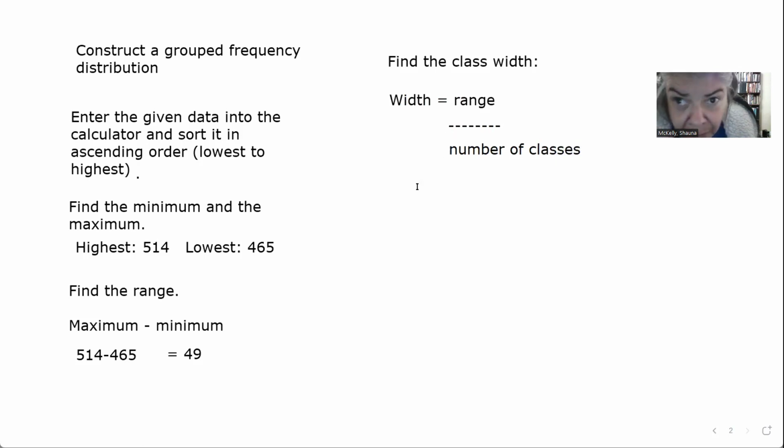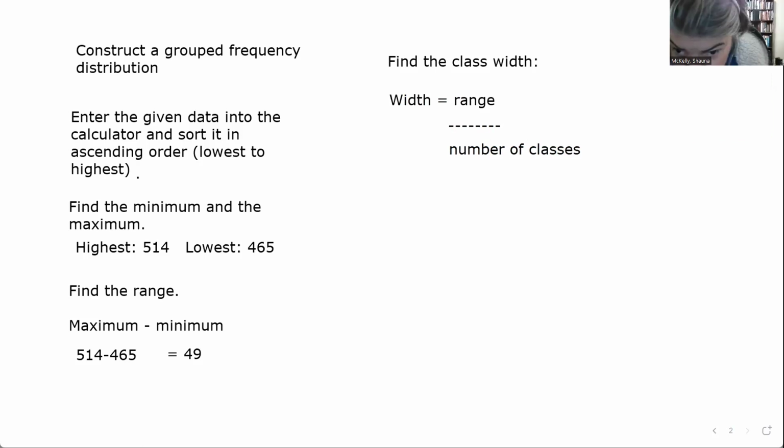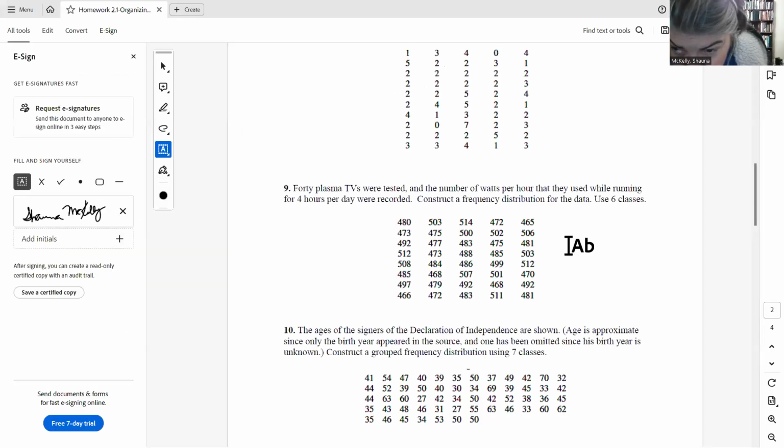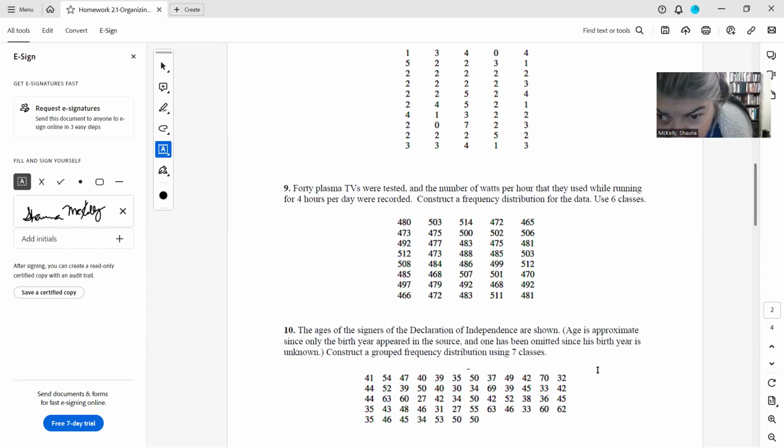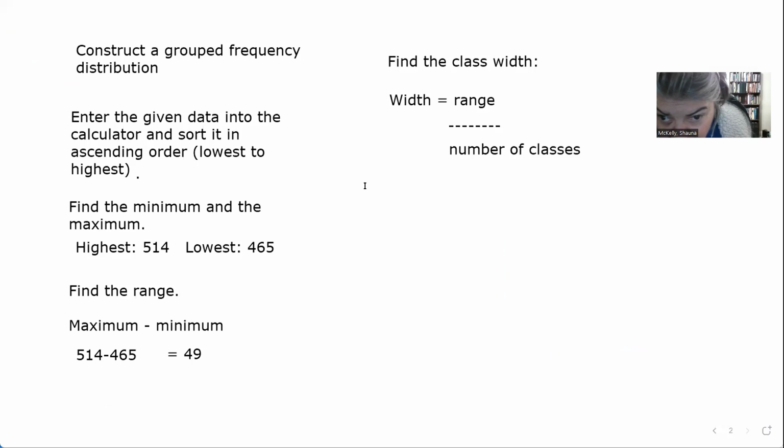So let's look at that now. We're going to go to the homework assignment here. And it says that we want 6 classes, she said. So we're going to come back here and we're going to calculate the width to be, the width is going to equal 49 divided by 6.